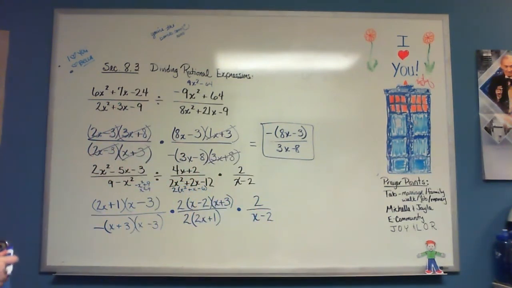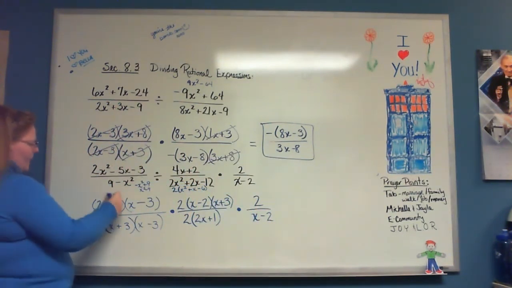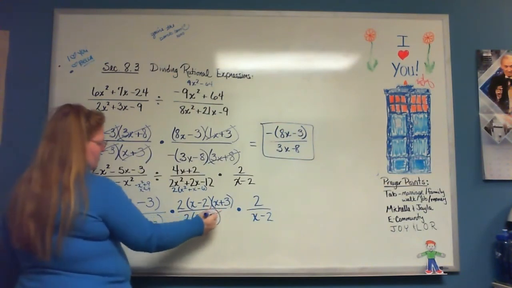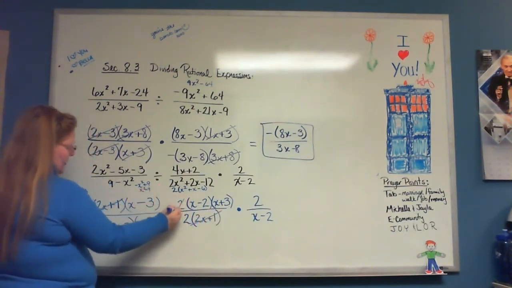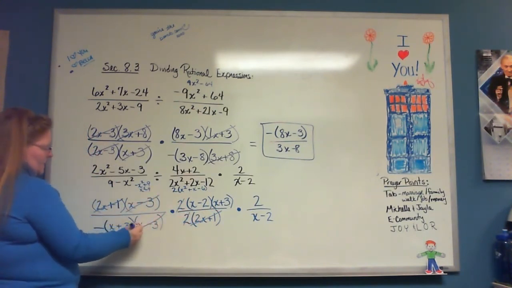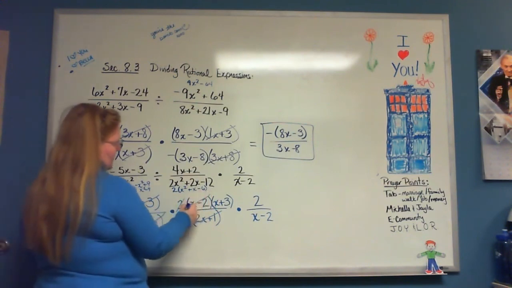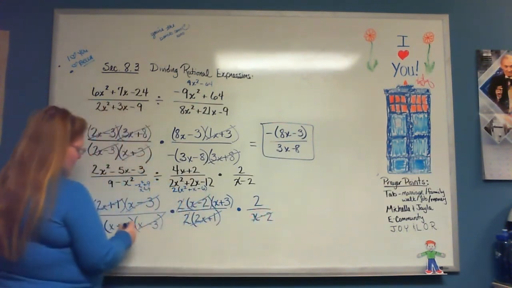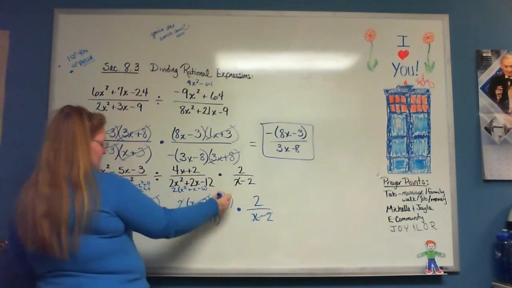What do we have that can cancel out? Why, that's correct. We can cancel those out. Oh, and let's not forget about the 2's. And then the x minus 3's. And then the x minus 2's. And then the x plus 3's.